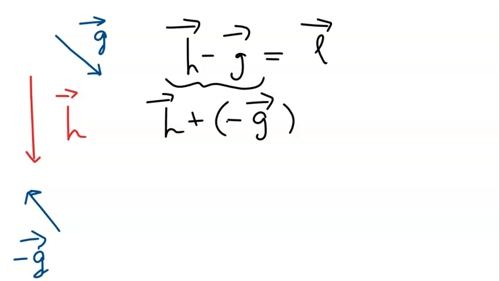So we start with vector h, followed by minus g. So minus g is going this way.